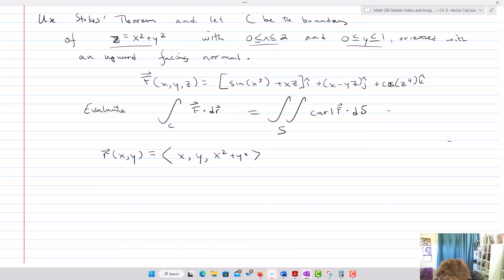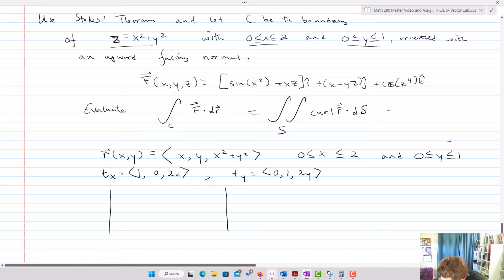And then our bounds are given: x is greater than or equal to 0 and less than or equal to 2, and y is greater than or equal to 0 and less than or equal to 1. Okay, so if I find t of x, my tx is going to be 1, 0, 2x. My ty, my tangent y, is going to equal 0, 1, 2y. Then I'm going to go find the curl of f.